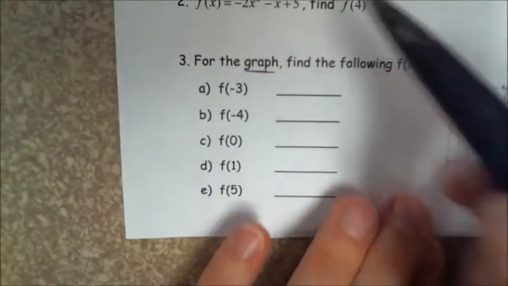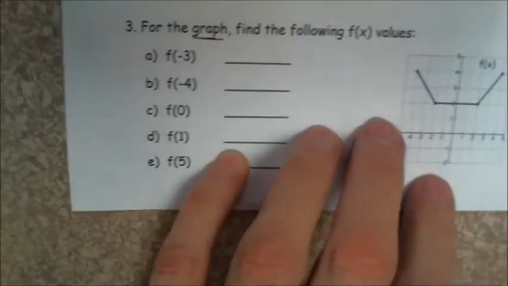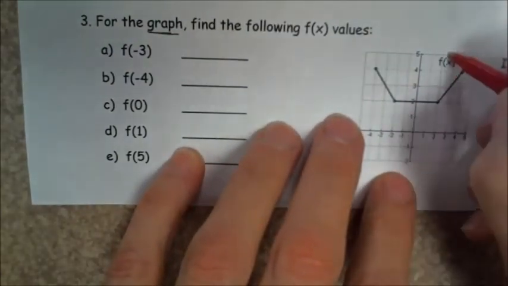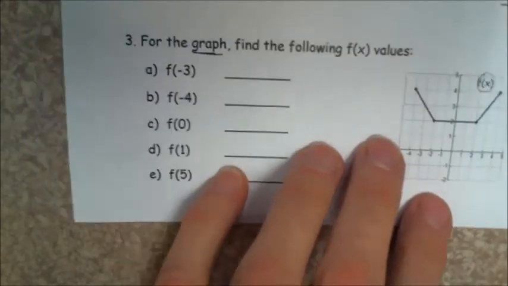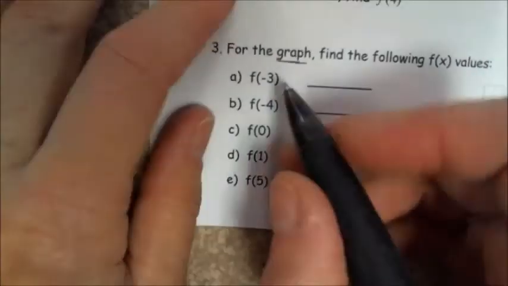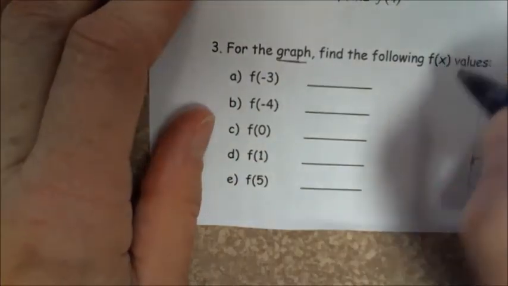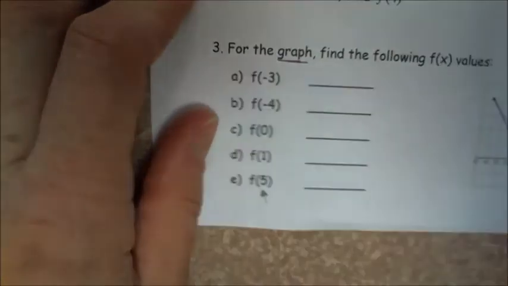But up here we have a function that's defined with an equation. Down here we have a function that we have graphed. Do you see this little f of x here? This little f of x says this is the graph of a function. So if we want to do f of 3, everything in these parentheses, if you remember, x is in the parentheses, so all these values in here, this is really important.